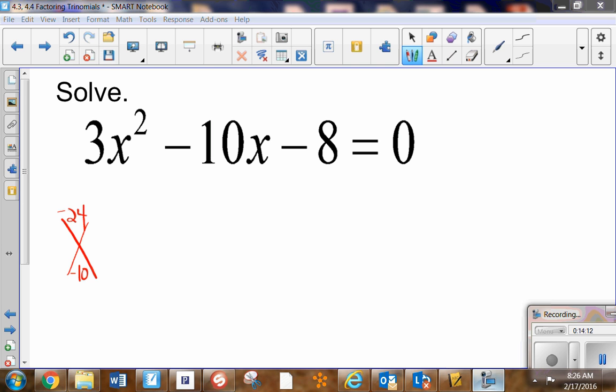I have to use 2 and 12, right? So 2 and 12, and I want the bigger one to be negative. So I'll go -12x, positive 2x. That's the middle one. This down, and I'm going to bring an equal 0 to remind me that I'm going all the way.